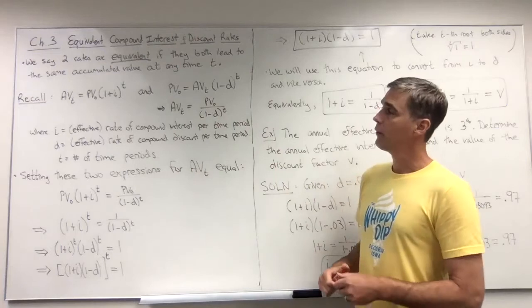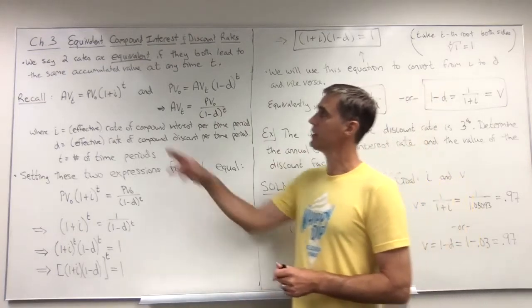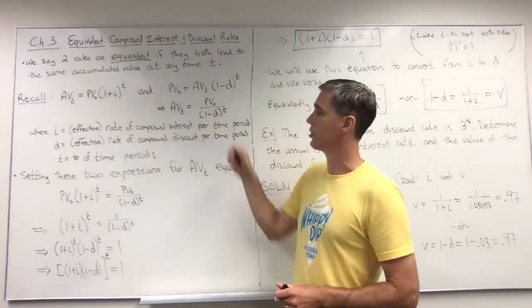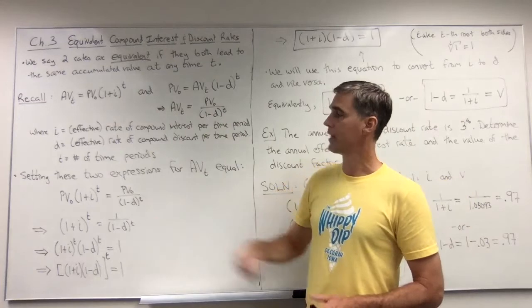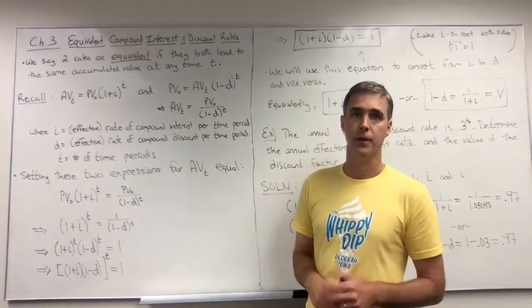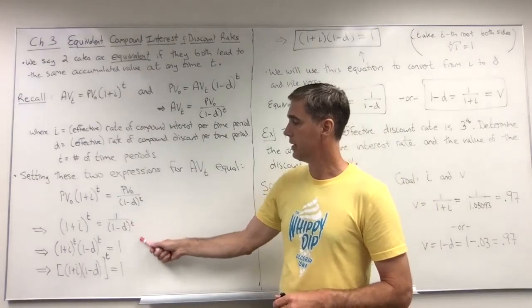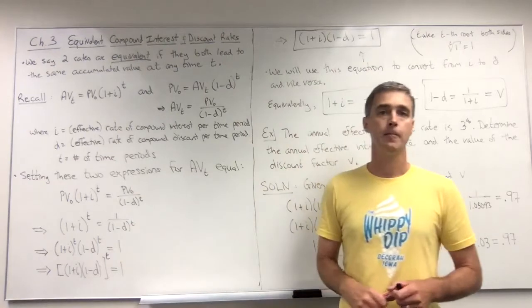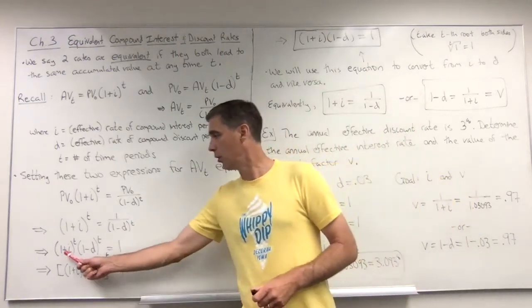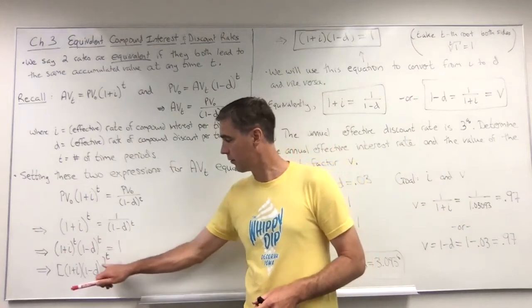All right, well, if I want to figure out what i value is equivalent to a d value, I'm simply going to set these two accumulated value expressions equal to each other right down here. I can divide both sides by PV0. I can then take the (1 - d)^t and multiply it over to the left, leaving a 1 all by itself on the right. And on the left, both terms are to the tth power, so I can drag that t further out in front.